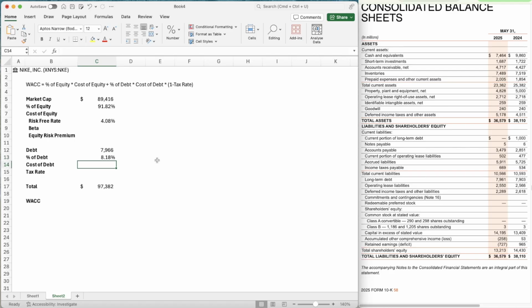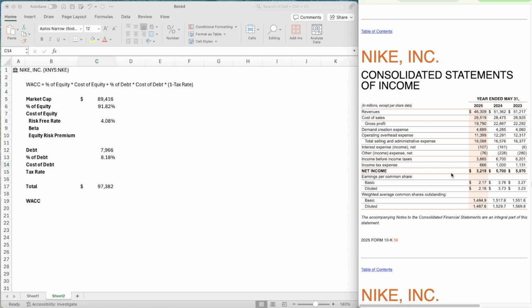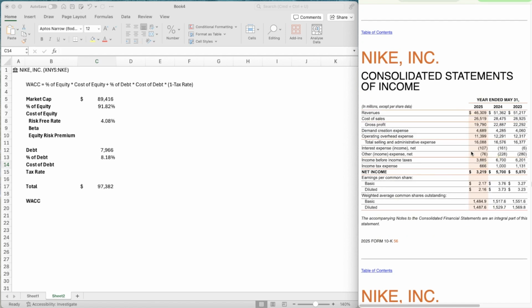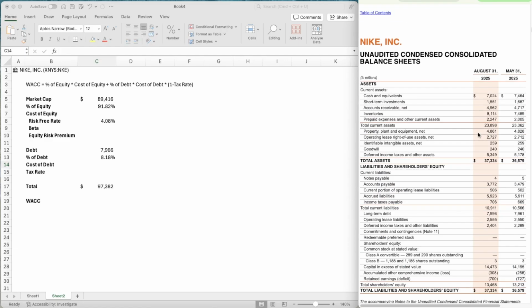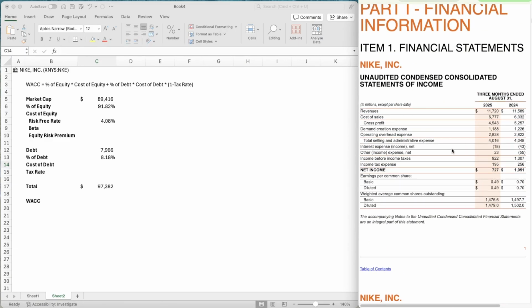Cost of debt we can work out, that's the next one, to be honest. We want to find out the interest expense. Not on this one though, we want it over here. $18.